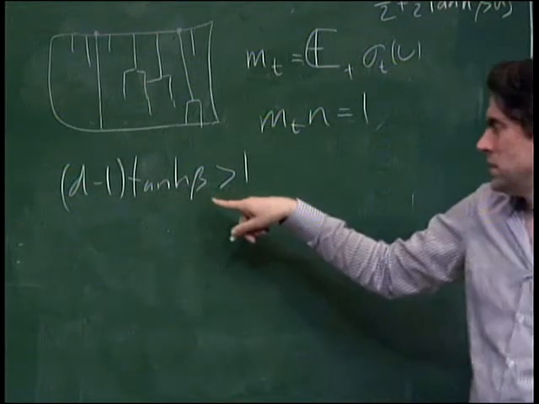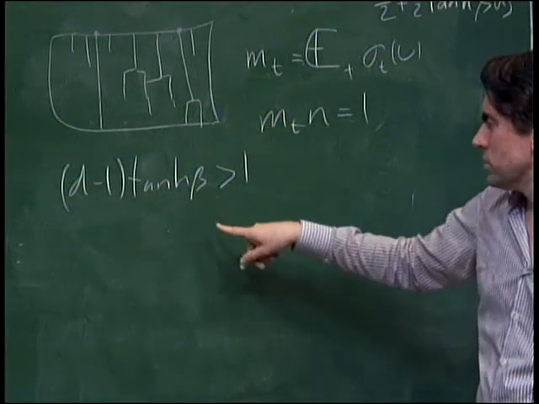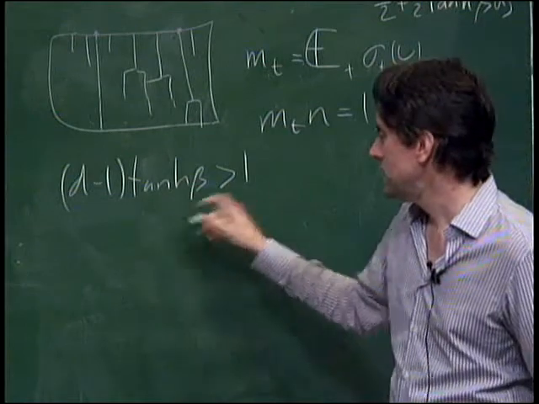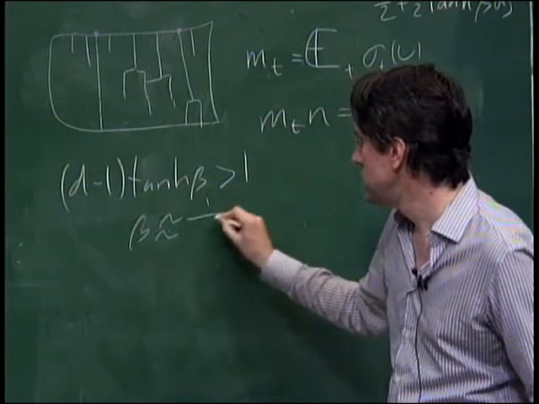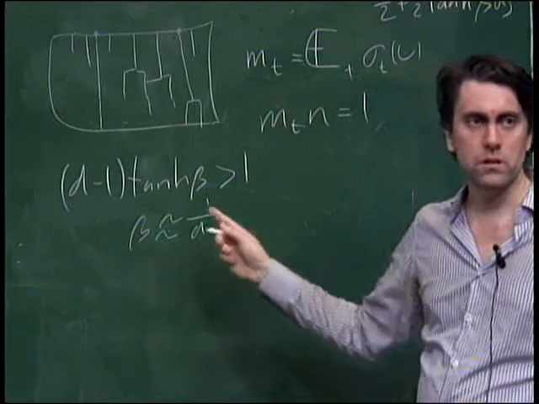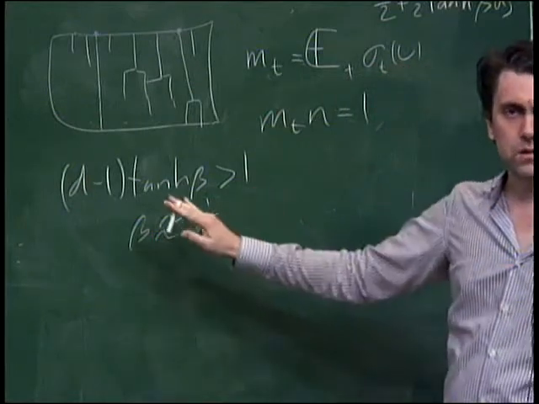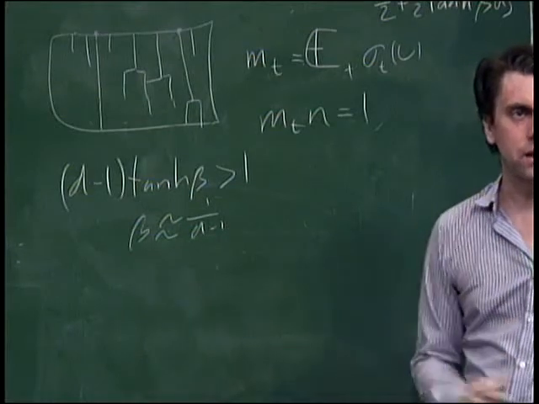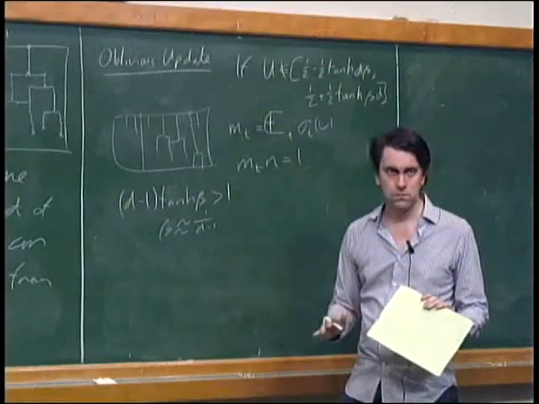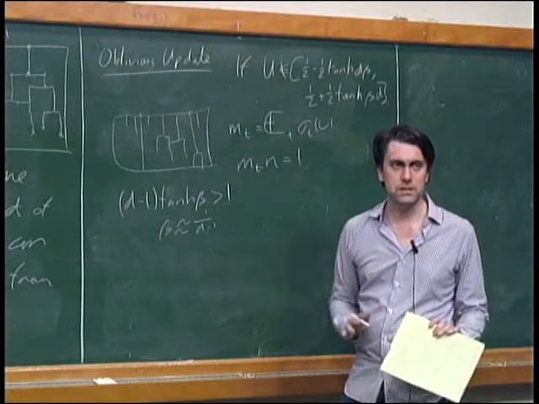And when beta is small, when d is large, this corresponds to roughly beta about equal to 1 on d minus 1. So 1 over d is really the right trade-off between beta and d.